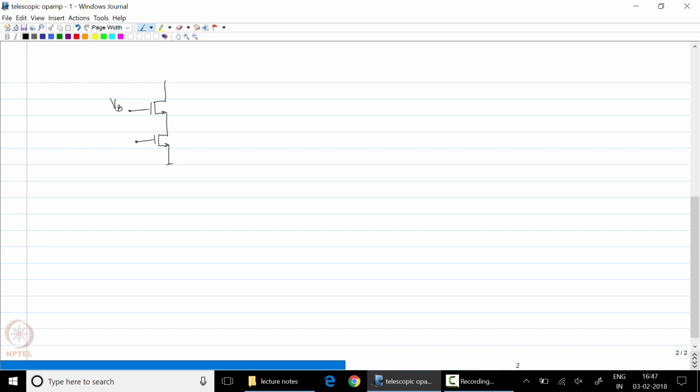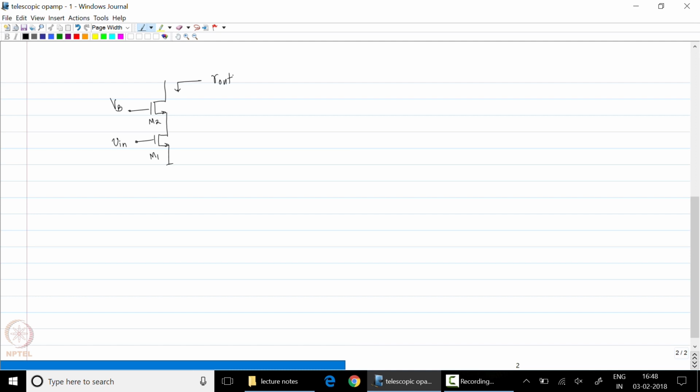If you take a common source transistor, which is M1, and include a common gate transistor M2 in series with it, it turns out it behaves in such a manner as to increase the output resistance. This is of course the small signal output resistance.